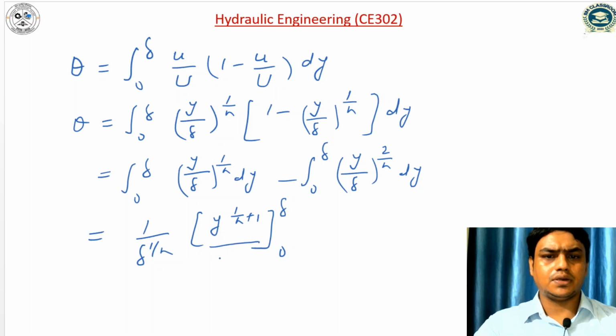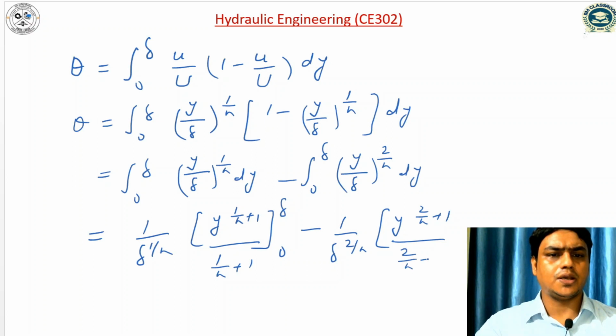If I integrate, this is 1 by n plus 1 minus 1 by delta to the power 2 by n, y to the power 2 by n plus 1 divided by 2 by n plus 1, integral 0 to delta.